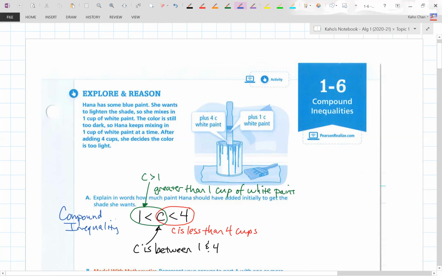The word we'll find out together is the word and that connects the two together. C is greater than 1 and C is less than 4. This is called an intersection of 2 rays.